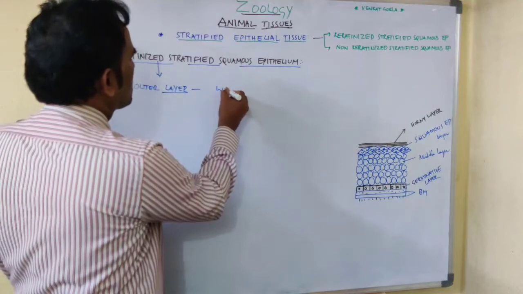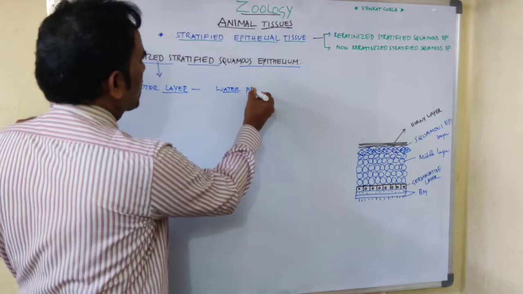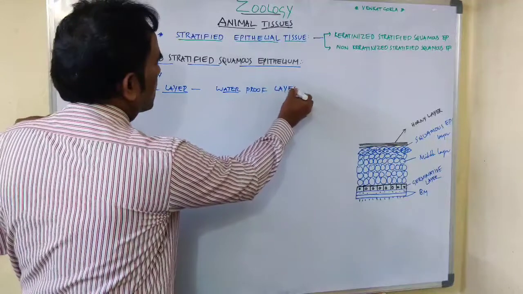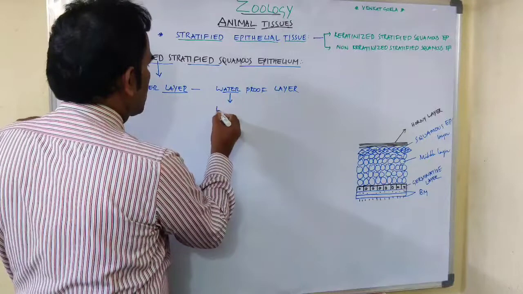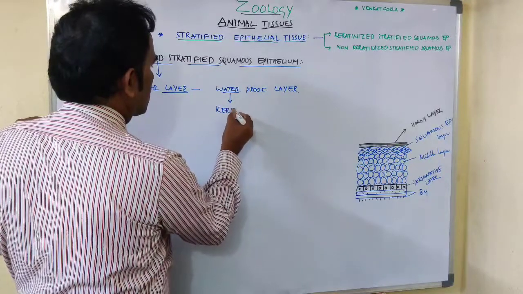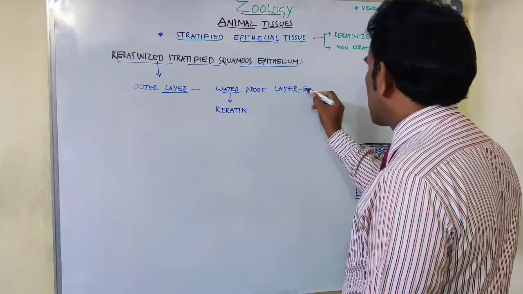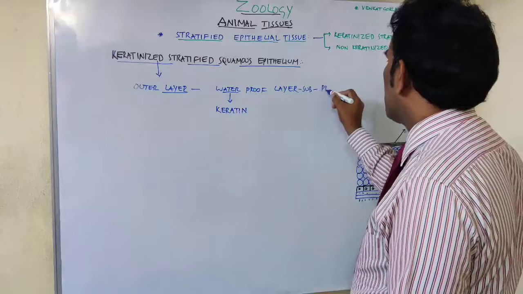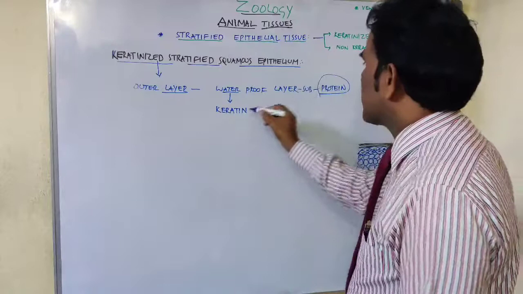The outer layer is developed as a waterproof jacket or waterproof layer, formed by a substance called keratin. This protein is called keratin.